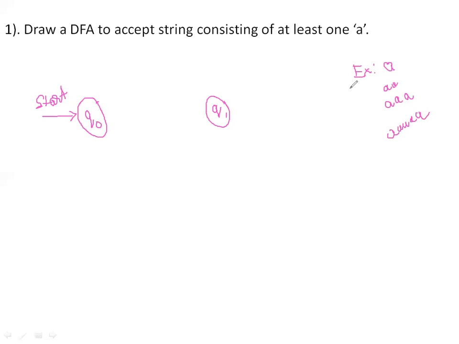Now if this string is of this pattern, only one A we are having, and I provide it as input for Q0, then on receiving A in Q0, Q0 will change its state from Q0 to Q1.